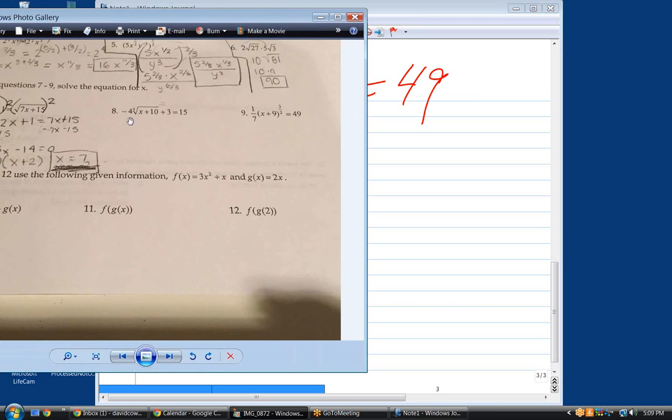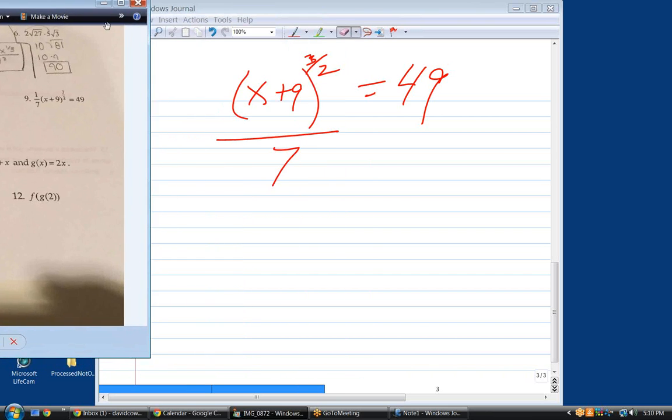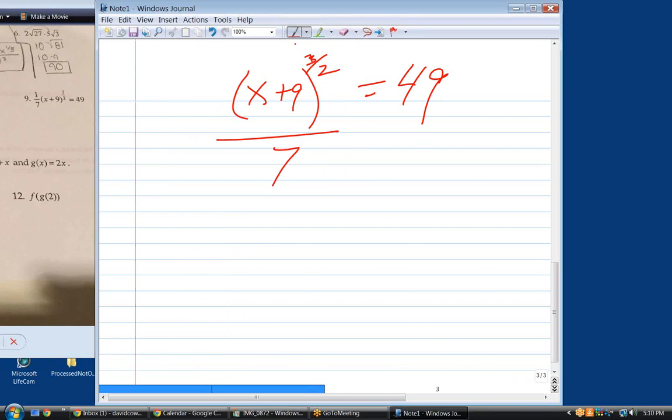This other one was being multiplied by -4, I want to divide by -4. This other one had 3 being added to it, so I want to subtract 3. You just do the inverse of whatever is being done. Okay? All right, so if I multiply both sides by 7, I think that's 243.